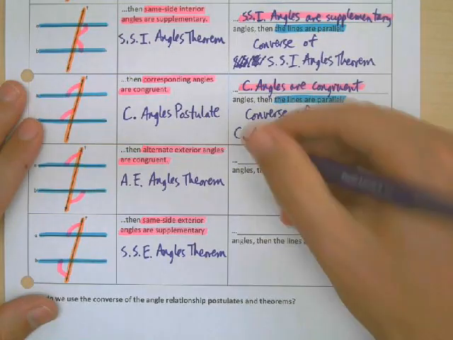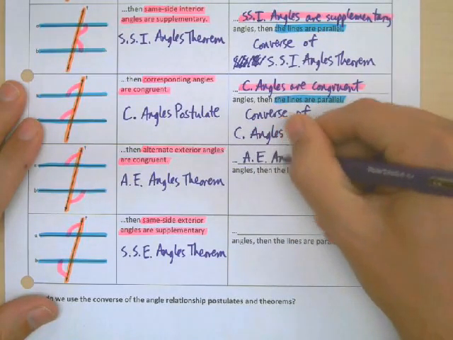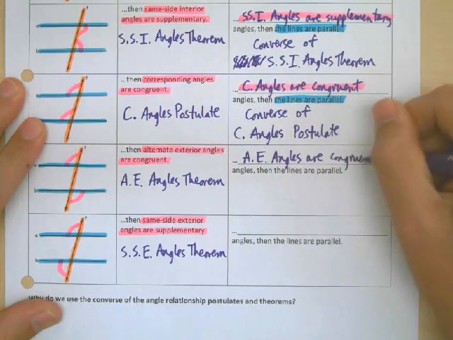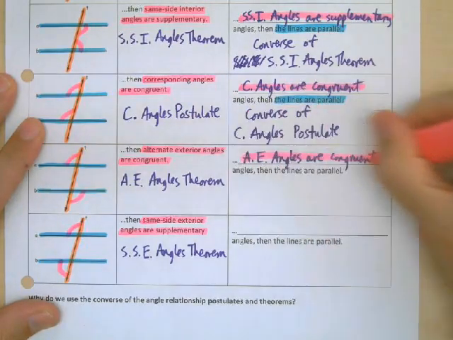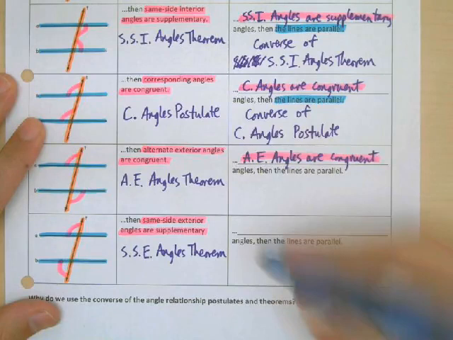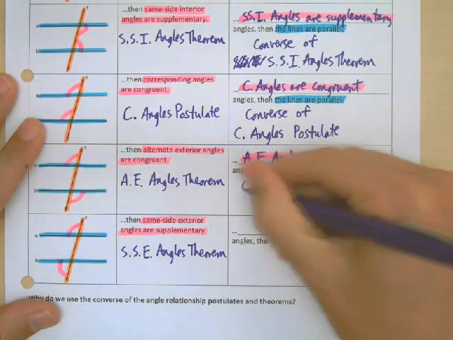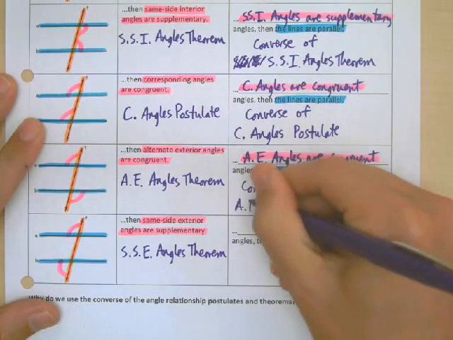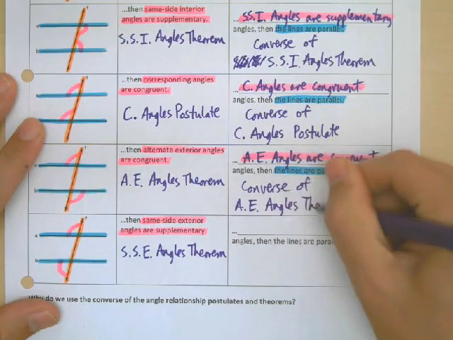So this row, we would start by knowing the alternate exterior angles are congruent. We would finish with the lines being parallel, and it would be the converse of the alternate exterior angles theorem.